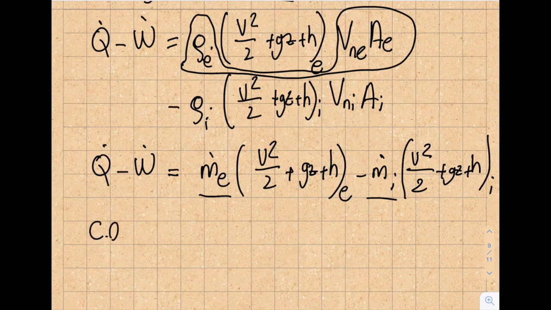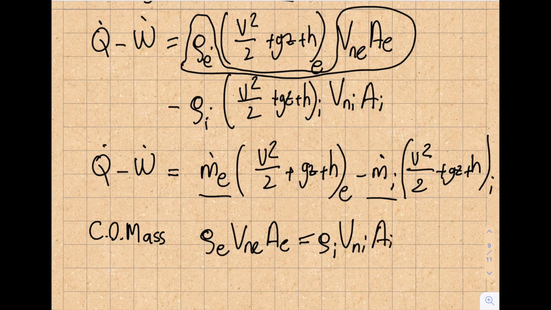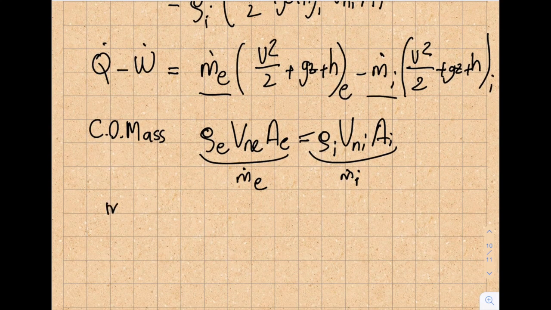If I write my conservation of mass for this particular case, for one inlet and one outlet, it's going to be rho exit, V_n exit, A exit equal to rho inlet, V_n inlet, A inlet. And you see that this is m dot exit and this is m dot inlet, so that's why they are the same. So simply I'm going to say that m dot exit is equal to m dot inlet is equal to m dot. I will not be treating them separately.